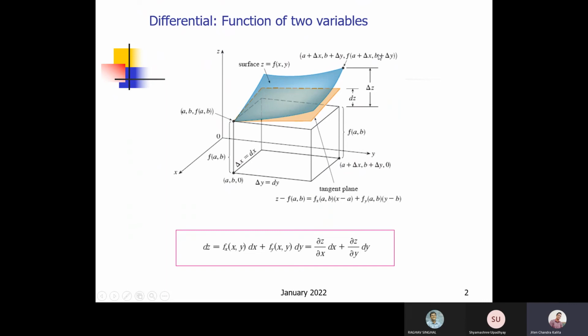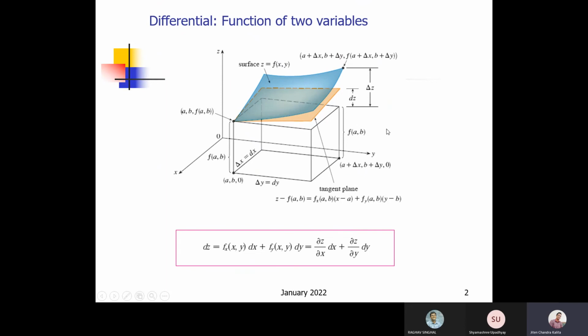If you take the difference of the value of the function at this point and this point, it is simply going to give you this delta z, the increment in the value of the function. But dz is nothing but the distance taken from the tangent plane. This is exactly what is happening here. So this is the geometrical interpretation.